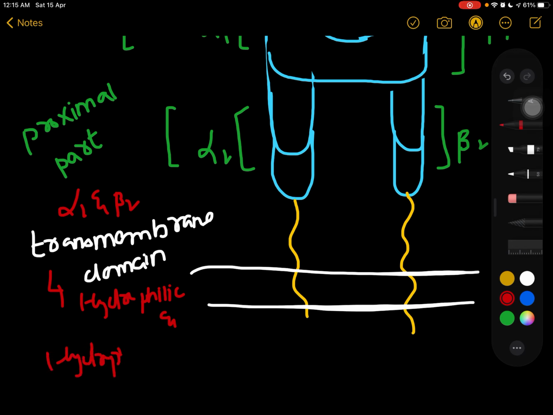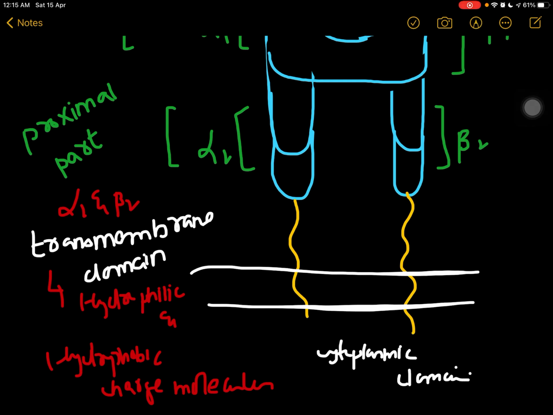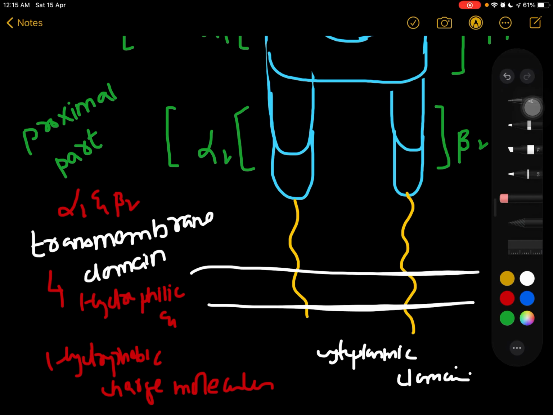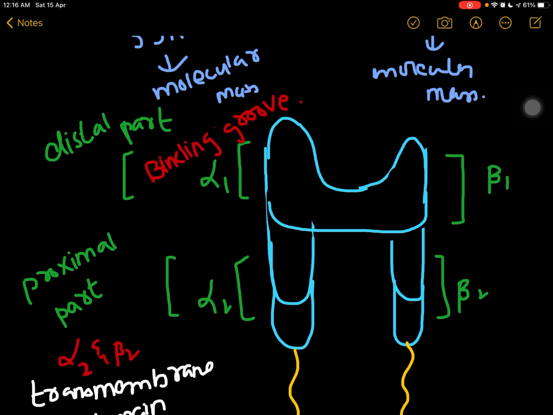And this is the cytoplasmic domain. So this is the transmembrane, and it is made up of alpha 2 and beta 2 chains, and this is the binding groove, and it is made up of alpha 1 and beta 1.